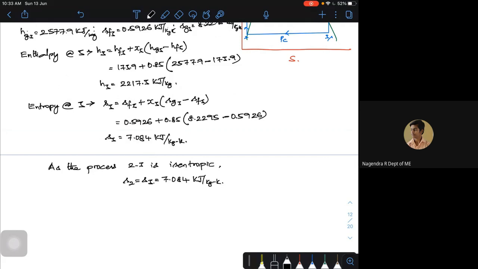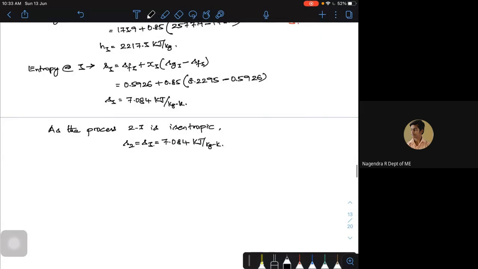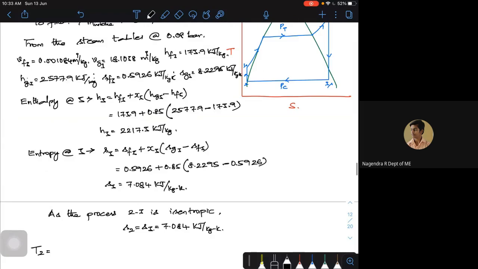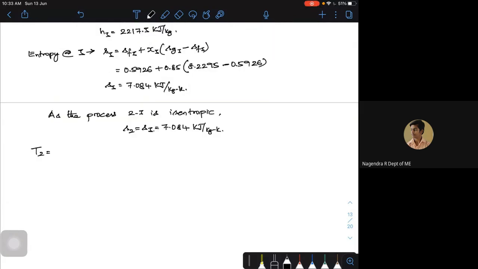Now, come to your ASME steam tables. Look at the temperature. For saturation temperature, T2 is equal to 360 degrees. This is trial and error. For 360 degrees, what is the pressure?